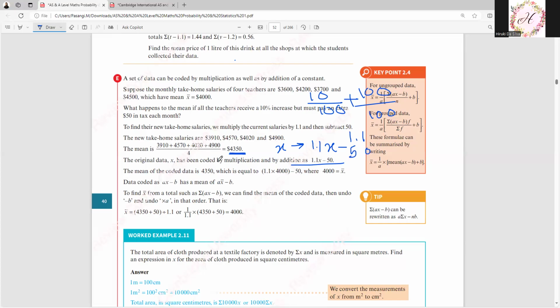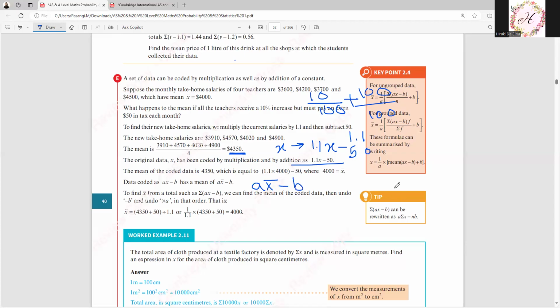Then the mean of the coded data is 4,350, which equals, for the first data set, where we got the mean as 4,000, 1.1 multiplied by 4,000 and then subtracting 50, where x bar equals 4,000. Again we receive 4,350. So the data coded as ax minus b has a mean of a x bar minus b as well.